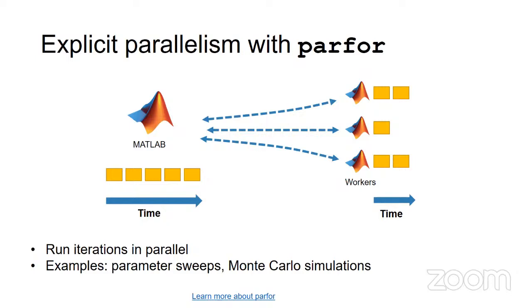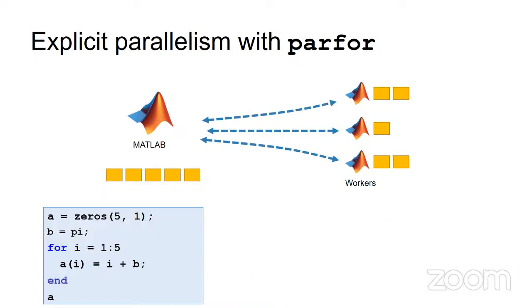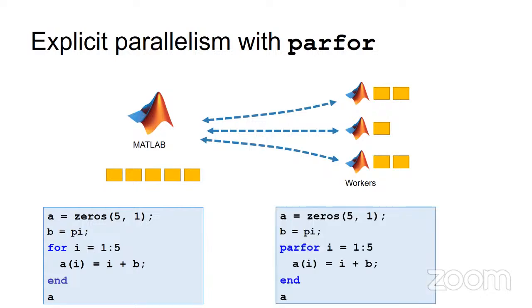So already I have told you that parameter sweeps or Monte Carlo simulations are basically examples of parallelism. I have already given that kind of example, a equal to zeros(5,1).